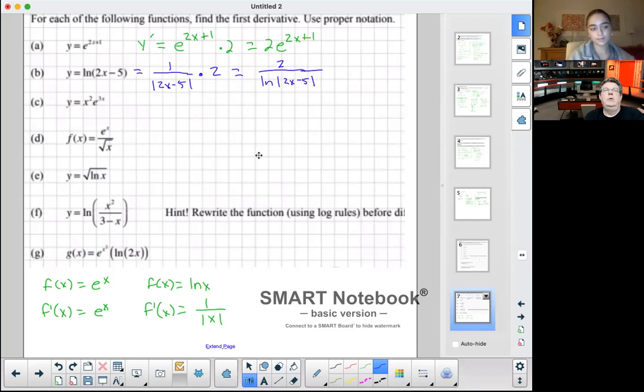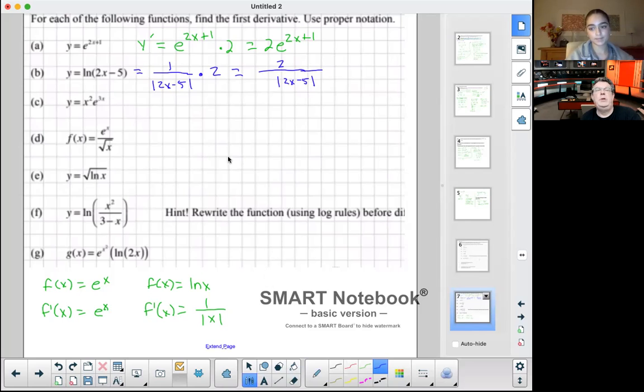This pattern will always be the case for the chain rule with natural log. Once you've got it, you don't have to write 1 over this times blah. You can immediately put the derivative on top and 1 over whatever this is.